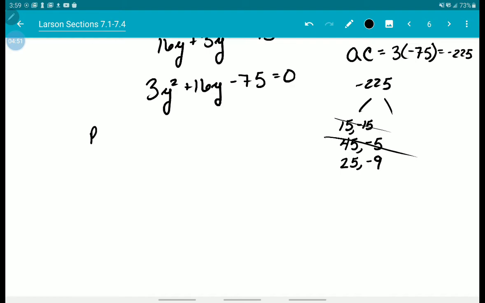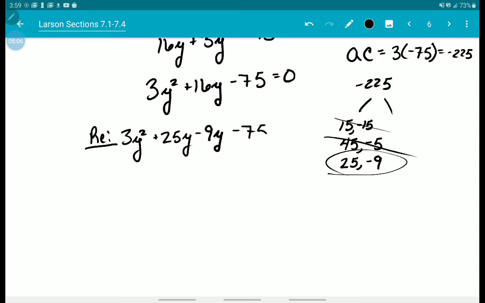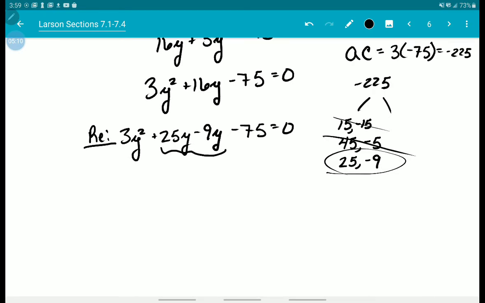So now we're going to do our rewrite step, where we rewrite that middle term in terms of our 25 and our negative 9. So notice 25y minus 9y is the same thing as 16y. And now we're going to do that factor by grouping. If we group the first two terms together, we could pull out a y.